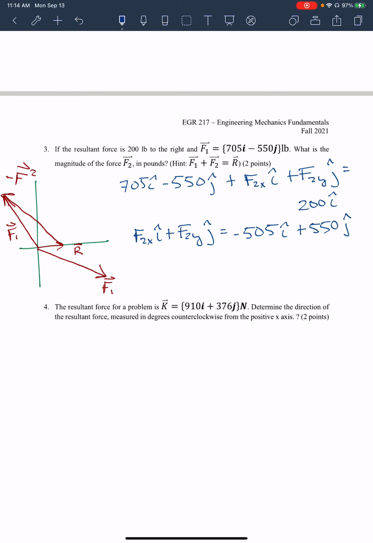So they want to know what the magnitude of the force is. So the magnitude of the force of F2 equals the square root of 505 squared plus 550 squared.